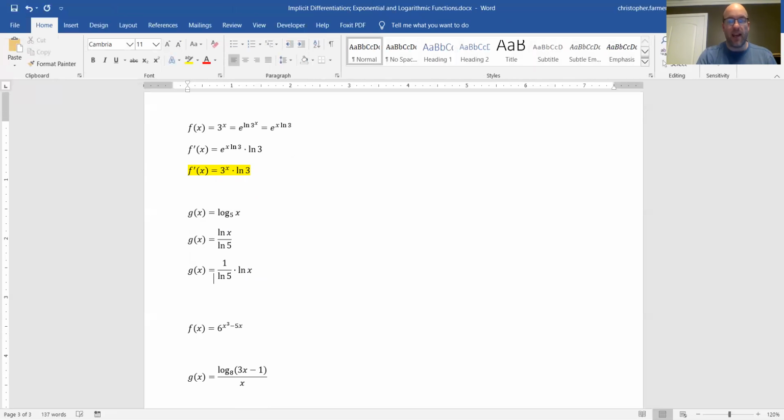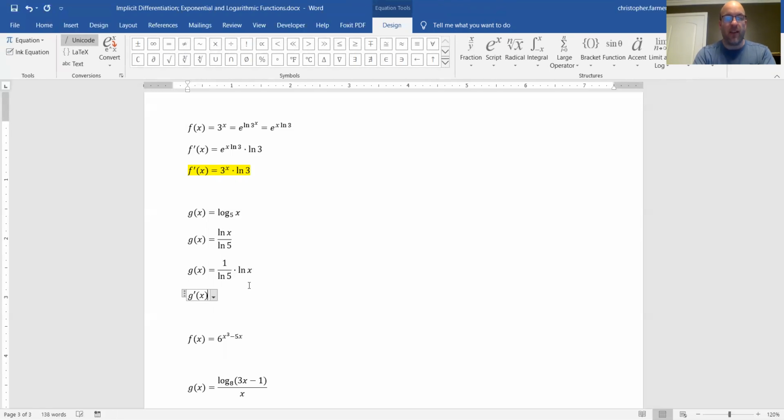And as long as you understand that this 1 over natural log of 5 is a complicated, crazy coefficient, but a constant coefficient nonetheless, it's just a matter of saying that constant coefficients stay exactly as is, and the derivative of natural log we learned earlier is just 1 over x.